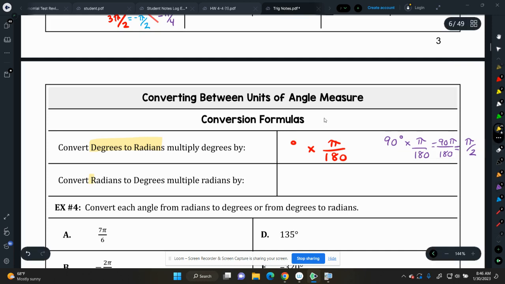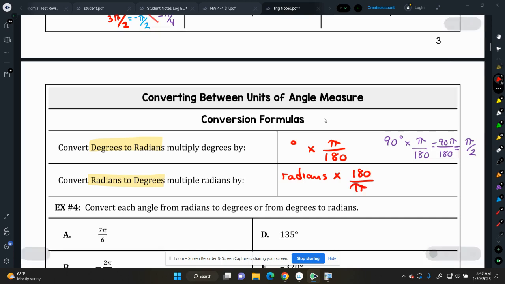To convert from radians to degrees, we take our radians and multiply by 180 over pi. It's kind of easy to remember as long as you remember it's the 180 that we're dealing with.